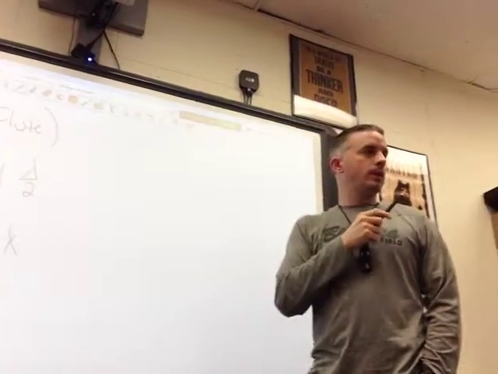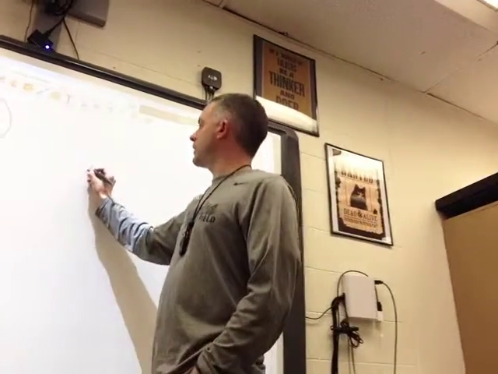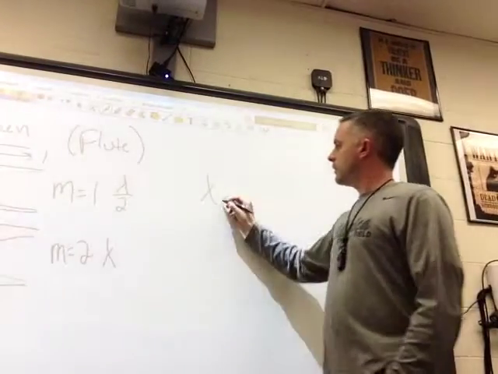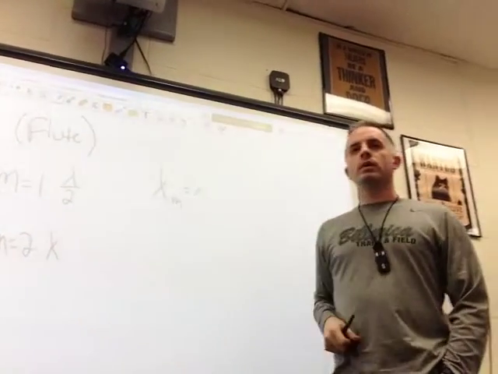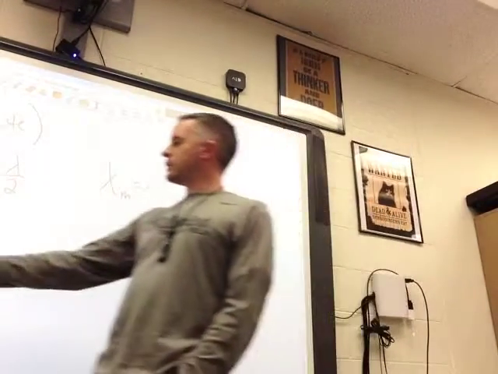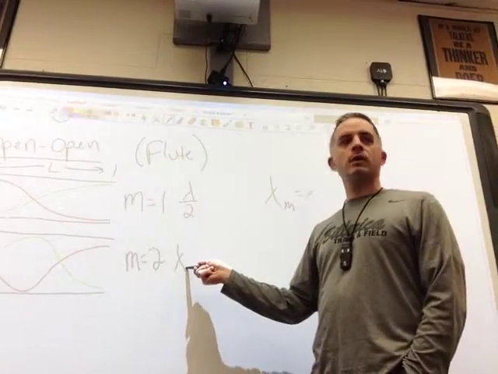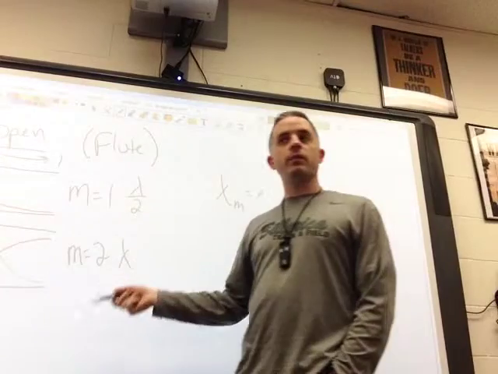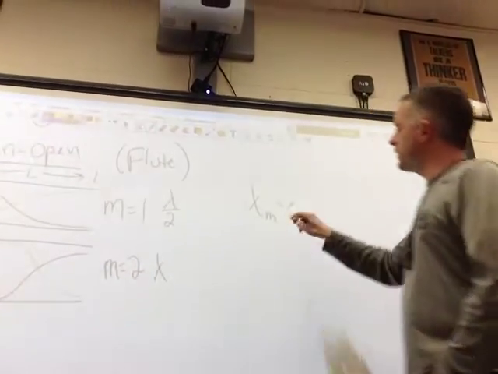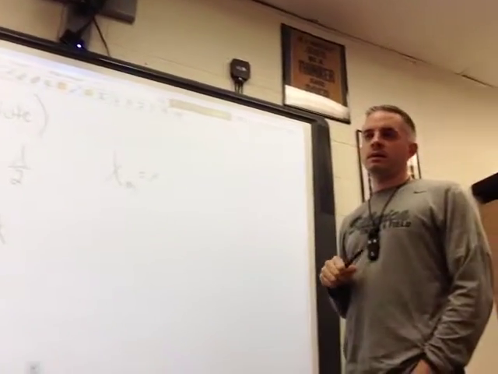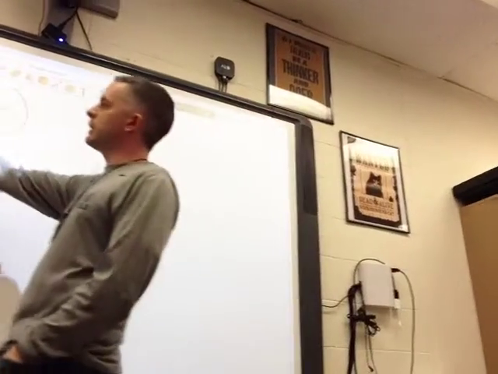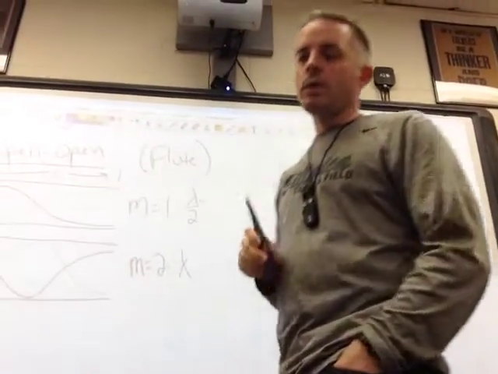Okay. So how about for the wavelength? For any mode, if we do the next one, how many waves am I going to get? If this is a half, this gives us one wave. 3 halves, right? 1.5 waves. Okay. So if I want to know any wavelength in relation to the length of the tube, what do you think it would be?